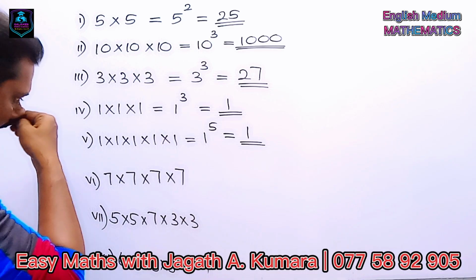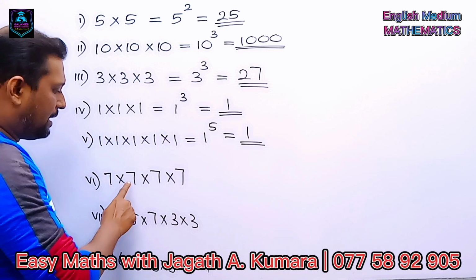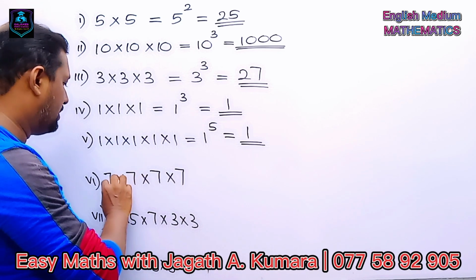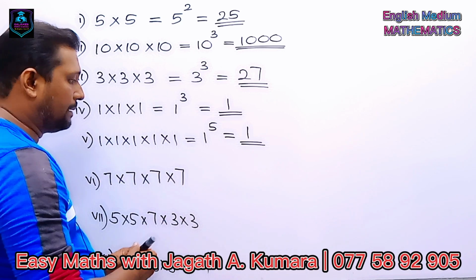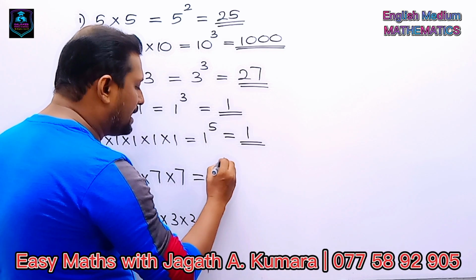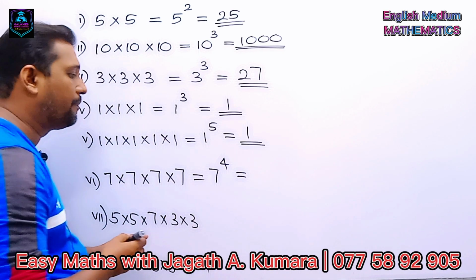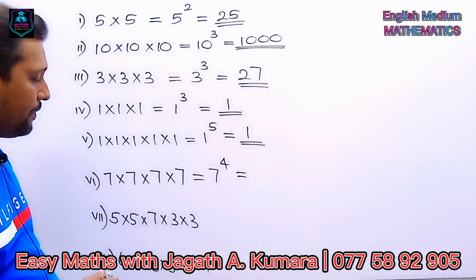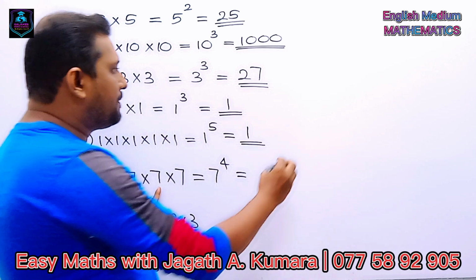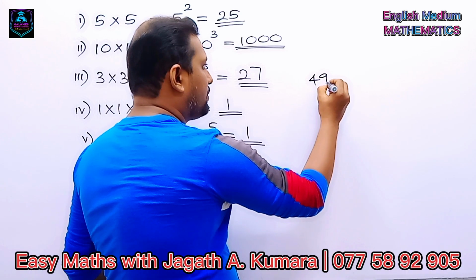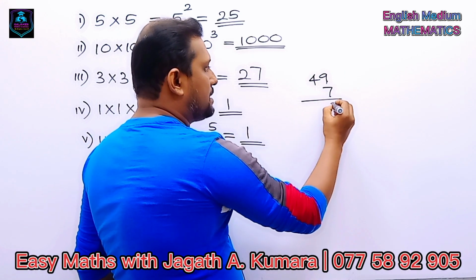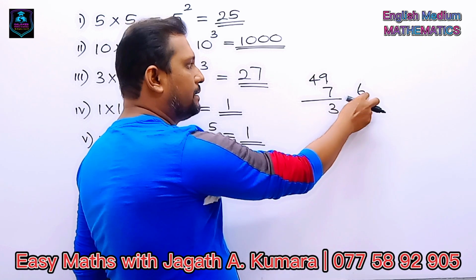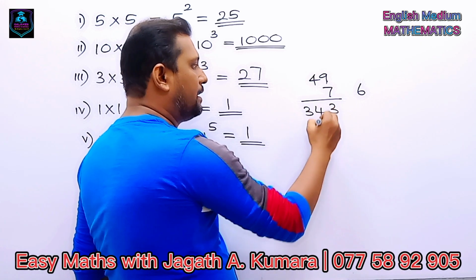Right? Then next one, 7 multiply 7 multiply 7 multiply 7. 7 written 4 times. So 7 to the power 4. Index form is 7 to the power 4. 7 times 7. 7 multiply 7, 49. 49 multiply 7, 63. Remaining 6, 28, 34. 343.